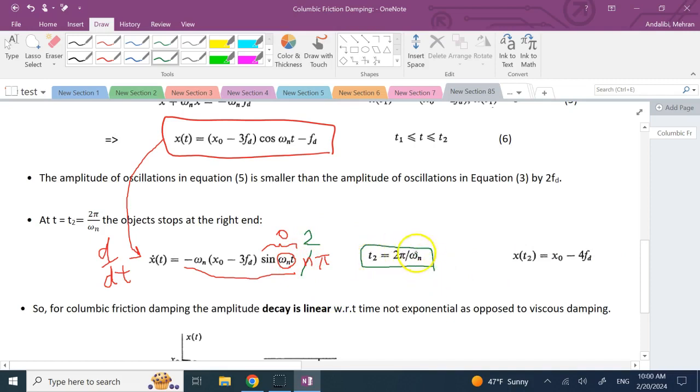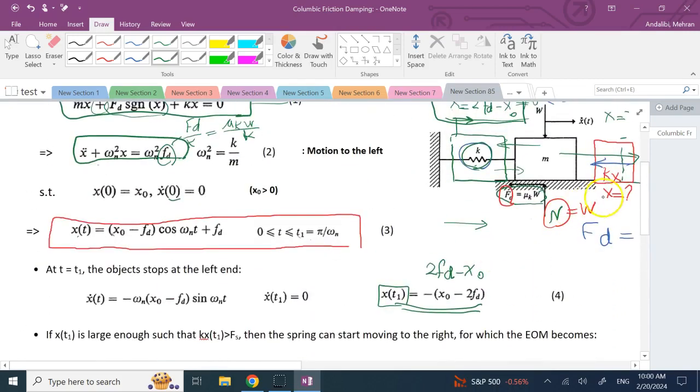Okay, at t2 equal 2 pi over omega n, x dot is going to be equal to 0. So now you plug in t equal t2 here. So this whole thing becomes 2 pi, and cosine of 2 pi is simply equal to 1. So x at t2 is going to be x0 minus 3ft minus ft. So it's going to be x0 minus 4ft.